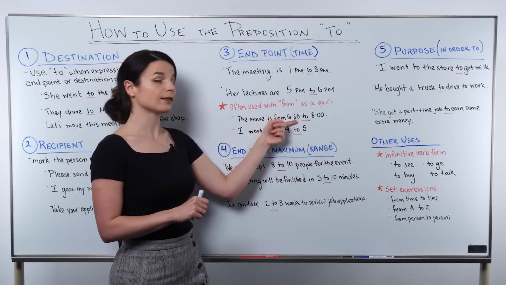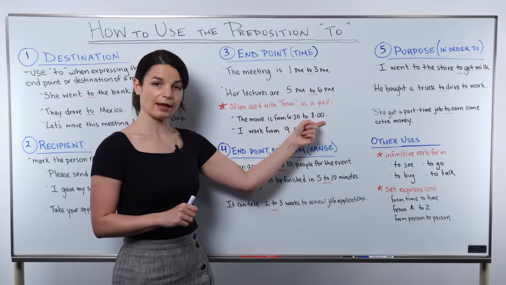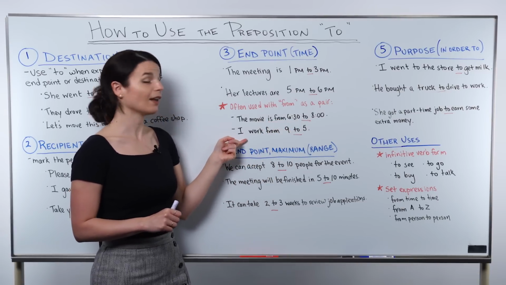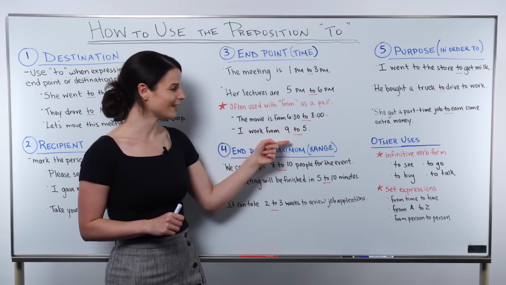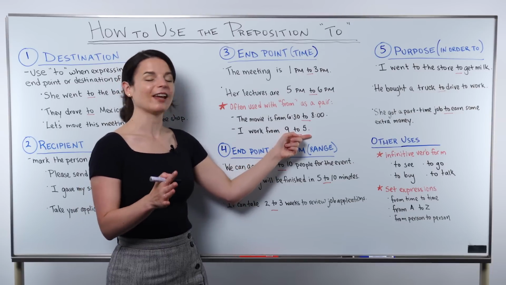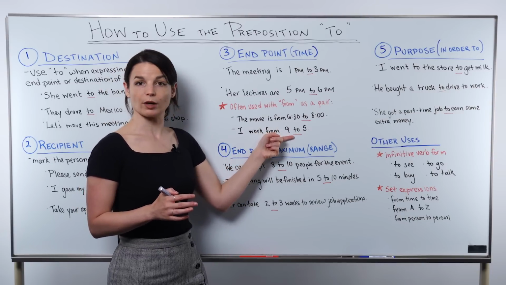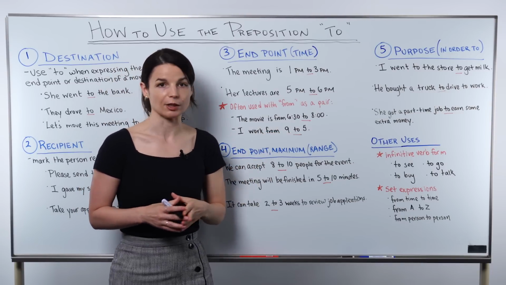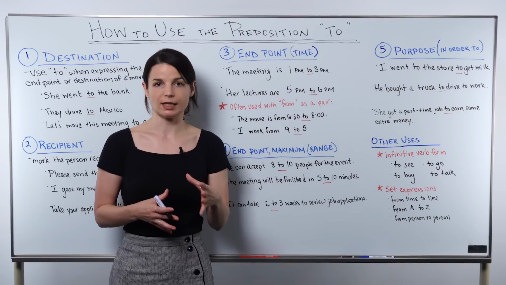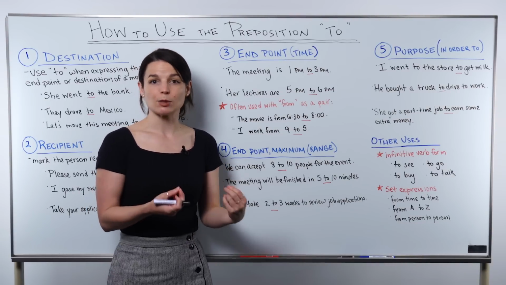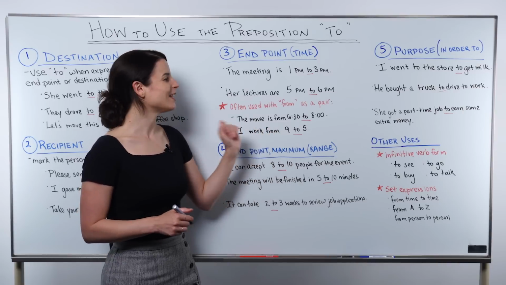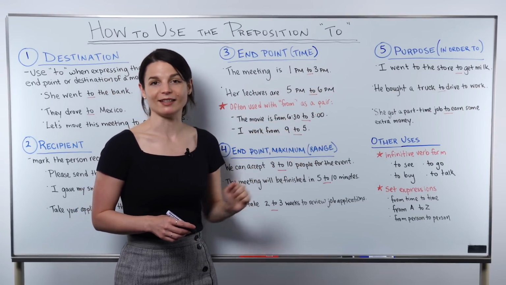"From" marks the start point, "to" marks the end point. One more example. I work from 9 to 5. Again, "from" is before the start point and "to" is before the end point. So we always use this pattern when we talk about end points. We cannot swap the two. We need to use "to" before the end time.